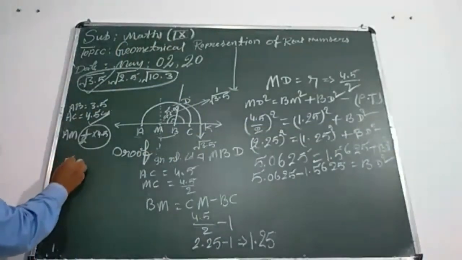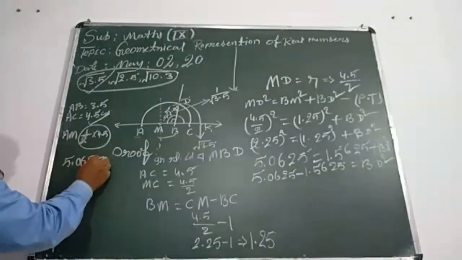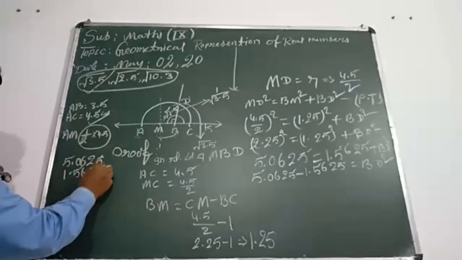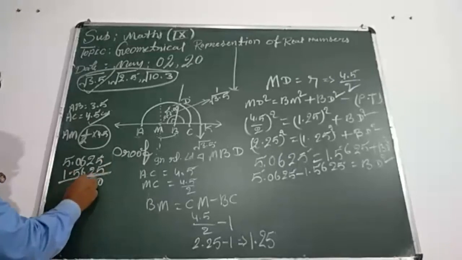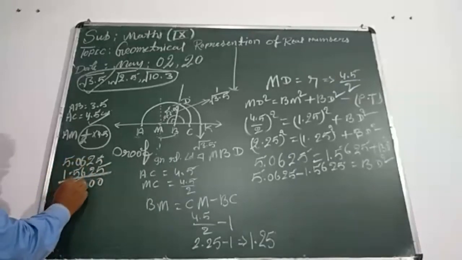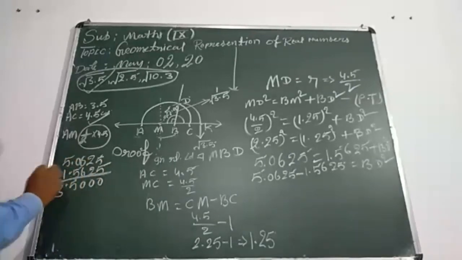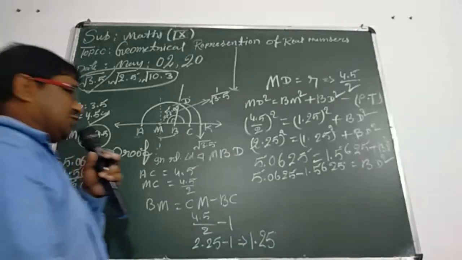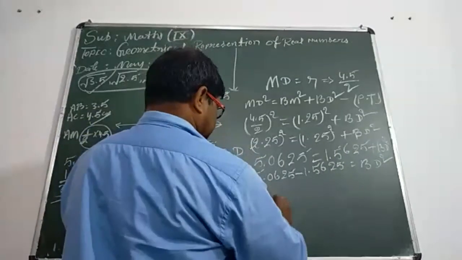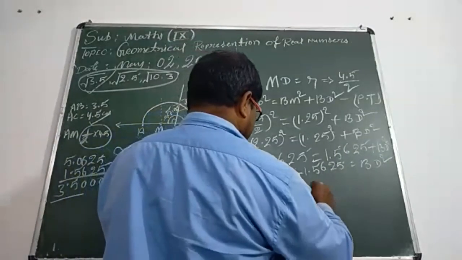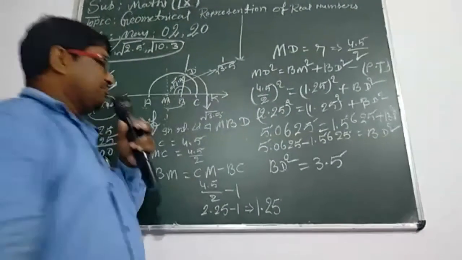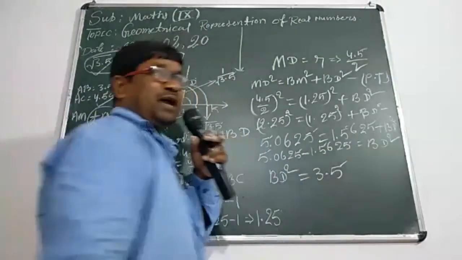Then subtract please. We will get 3.5. Now students, we can write BD square equals 3.5.